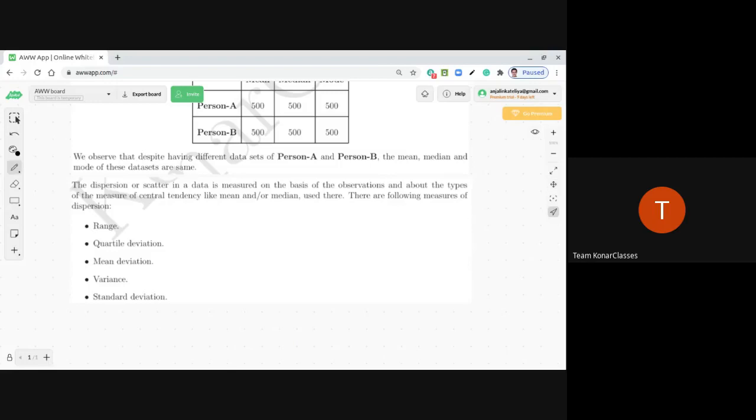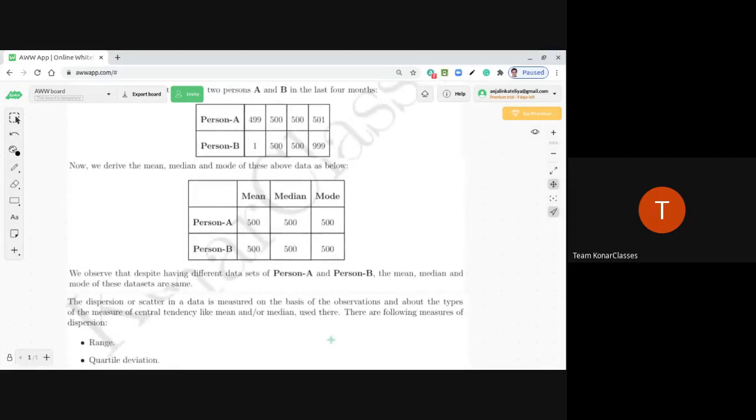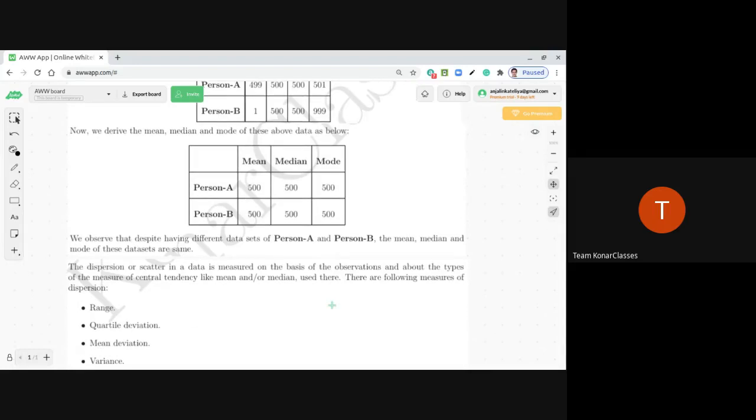The dispersion or scattering of the data, if you see the money saved by these two persons, person A and person B, how they saved their money, how the data are scattered, should be measured with respect to the measure of central tendency.